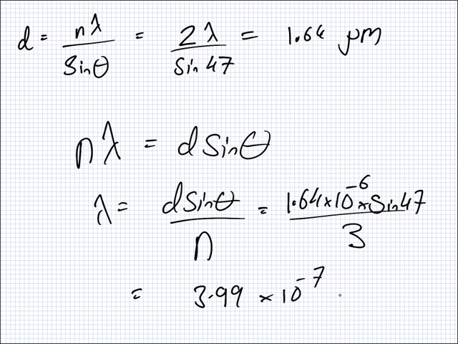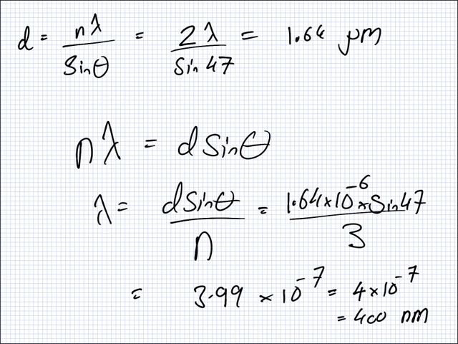Does it round up or is it 3.99? 3.998. So it would round up to 4, so that would be 4 times 10 to the -7. So that's 400 nanometers for the violet colour.